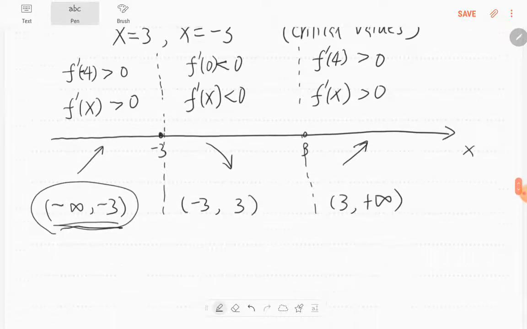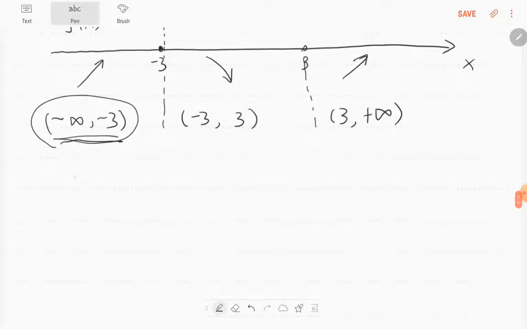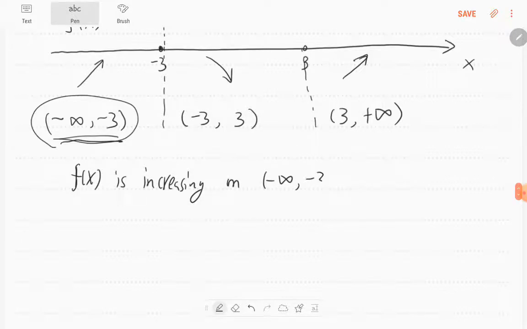So now let's summarize it from this table. So where the function is increasing, the function f of x is increasing on the interval from negative infinity to negative 3, union on this interval from 3 to positive infinity.